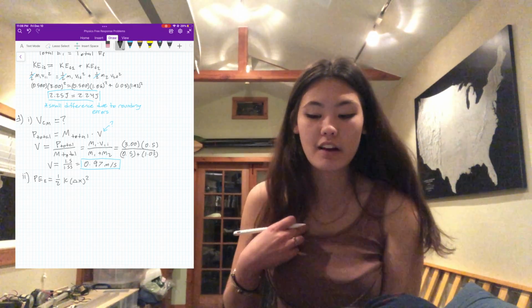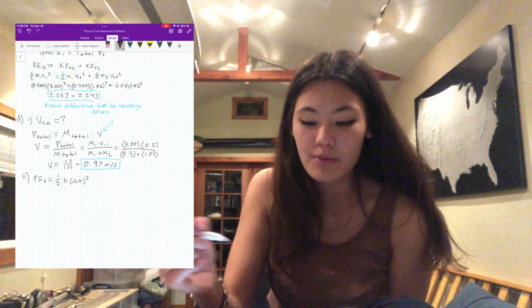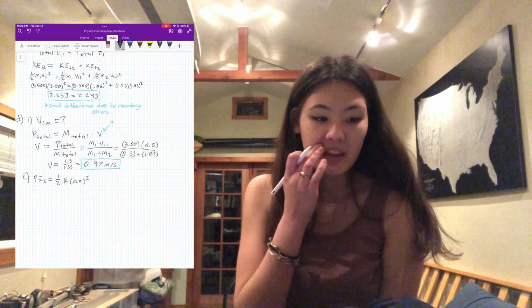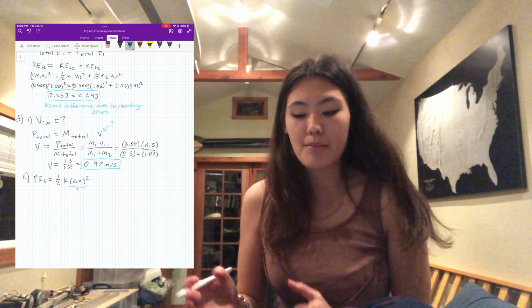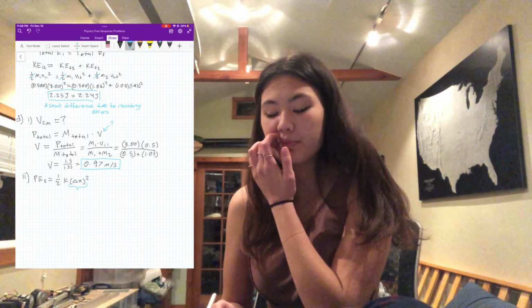And so if we're trying to find the max potential energy here, that would be the max value of this equation. And since k is a constant, all we're trying to find is when delta x is at its max. That would mean when the spring is compressed to the maximum distance that it can in this problem.